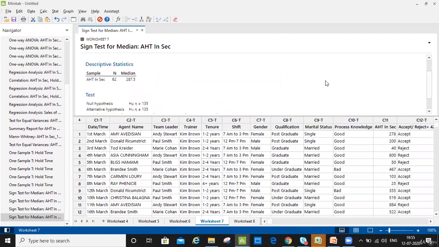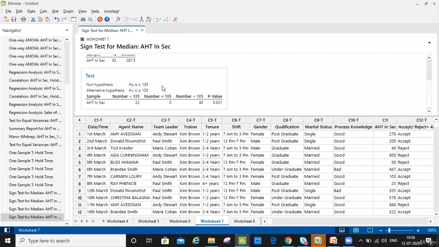Okay. So what I'm comparing is 287, which is my performance, which has 62 samples, against the target that I have taken. If there is a significant difference between this number and this number, that is the kind of indication that I can take this target. Okay, so this is the same thing which we have done.